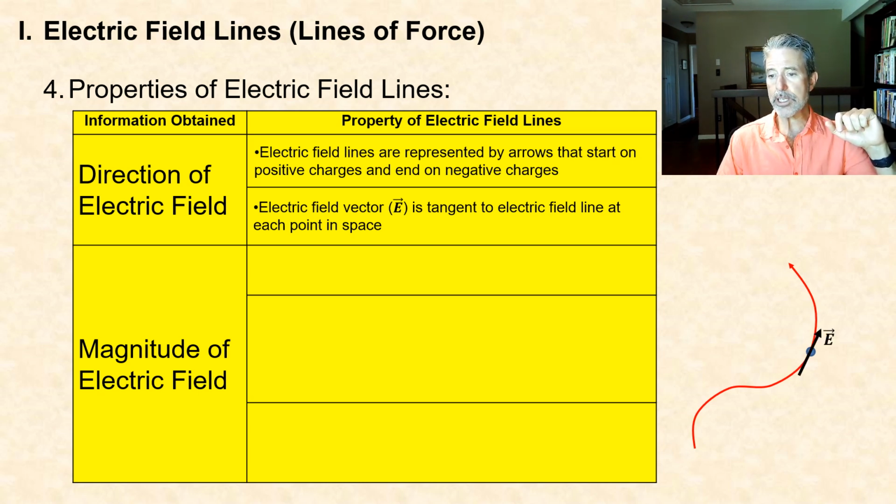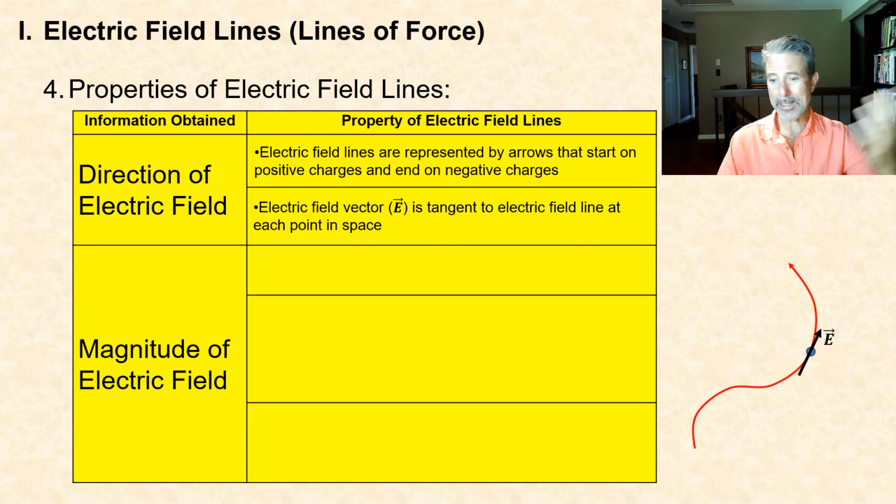So in this case, this arrow I'm showing you here is tangent to the field line at that point in space, and it is consistent with the direction of the electric field line. Now, as far as the magnitude of that electric field vector, we will discuss that shortly.